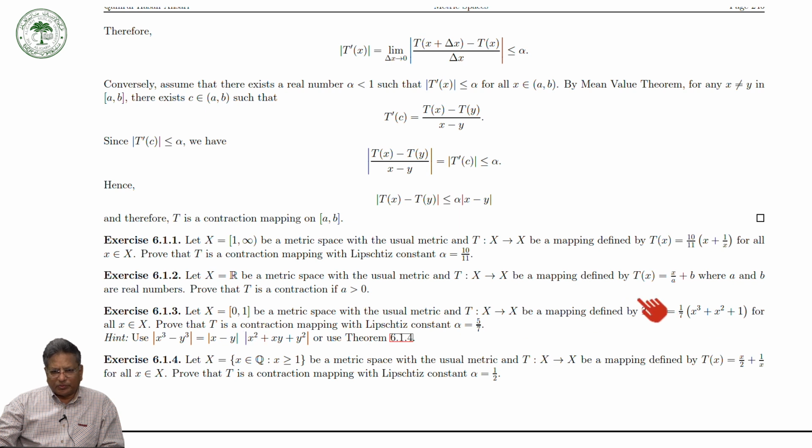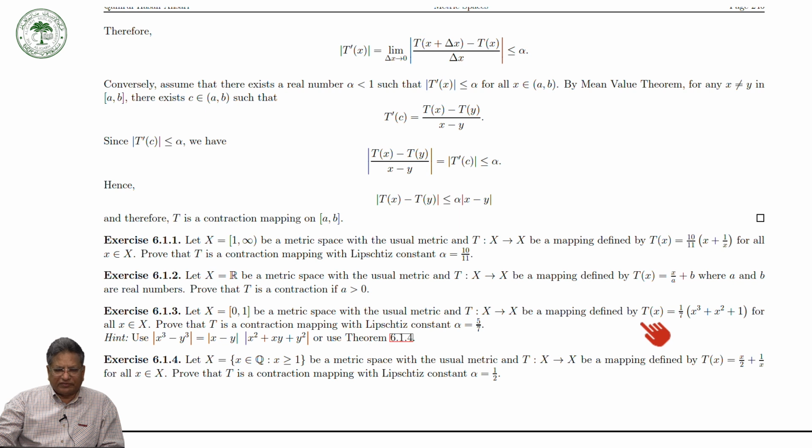Then you have to prove that the mod of the derivative of this is less than or equal to alpha, where alpha is equal to 5 upon 7. This you can prove very easily, or you can do it in this way.